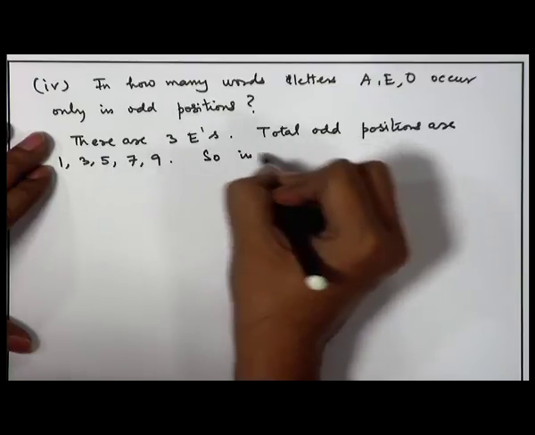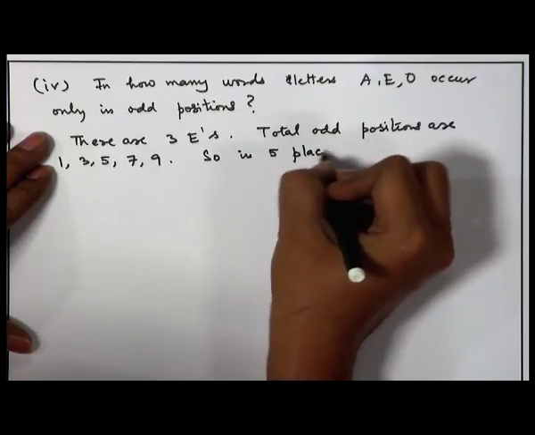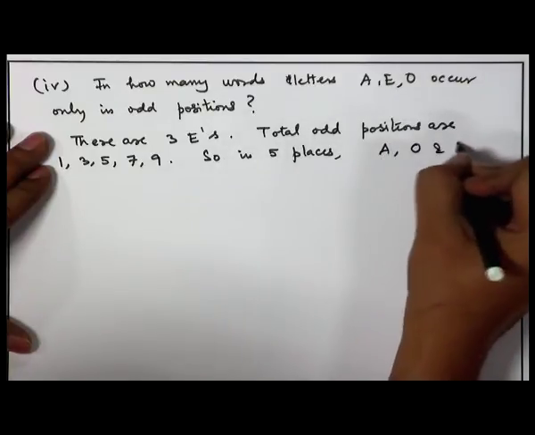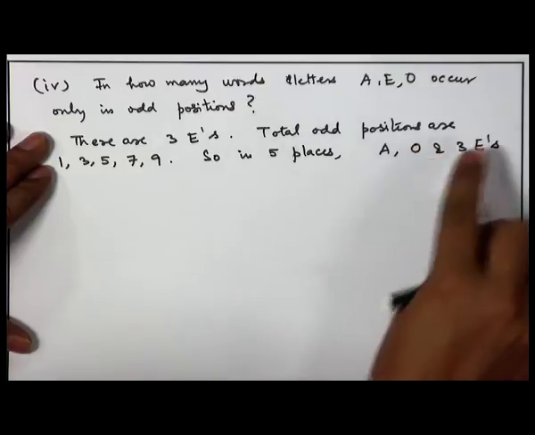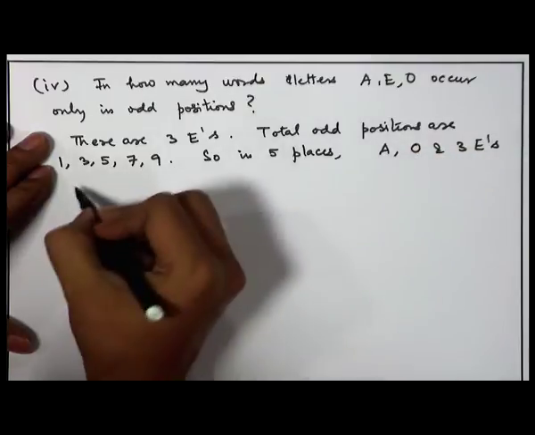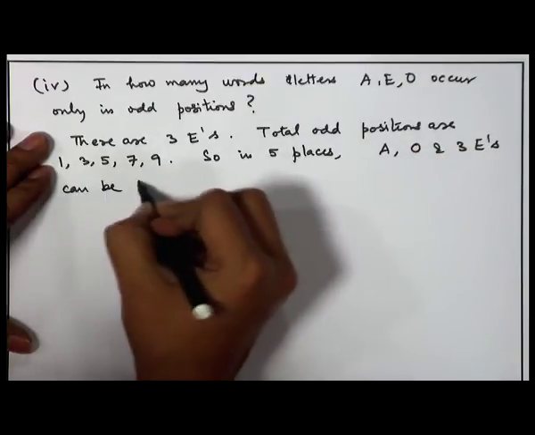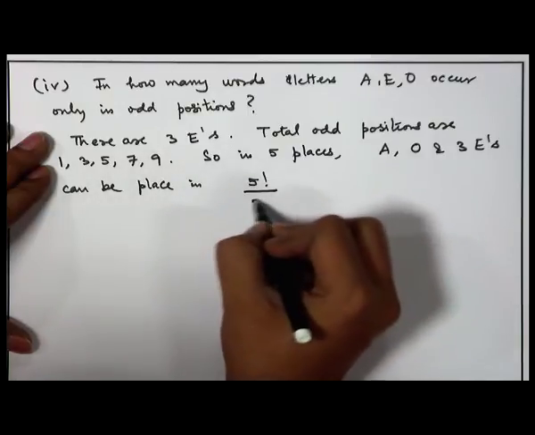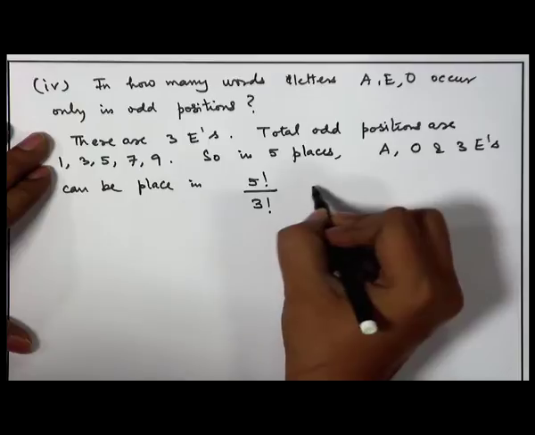So, in 5 places A, O and 3 E's. So, these are also now 5. They can be placed in 5 factorial divided by 3 factorial ways.